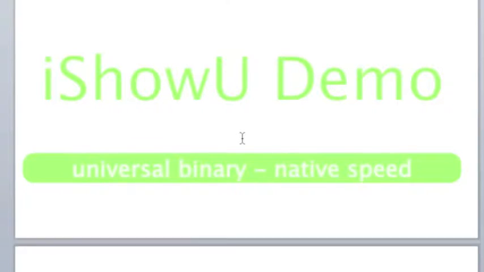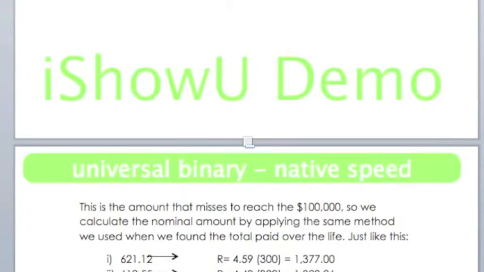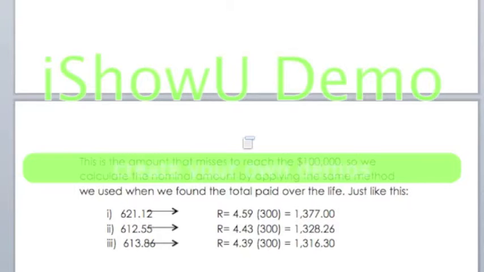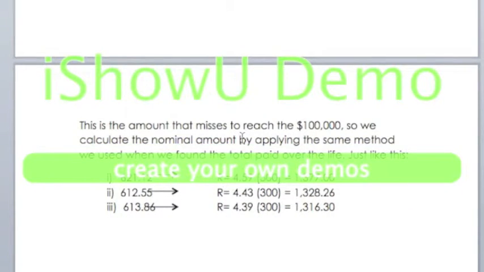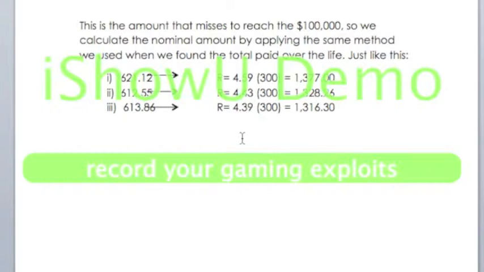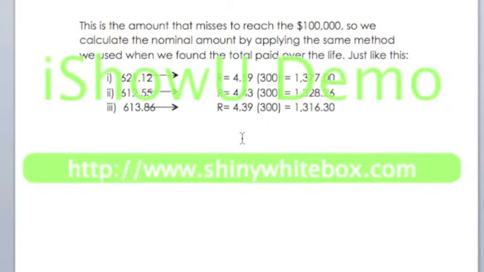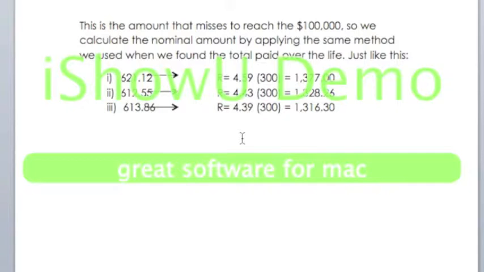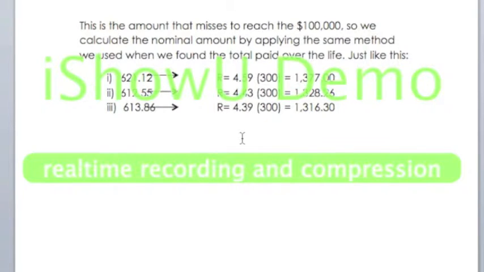So we calculate the nominal amount by applying the same method we used when we found the total paid over the life, just like this. 621.12 is equal to a rent of 4.59 multiplied by 300, equal to 1,377.